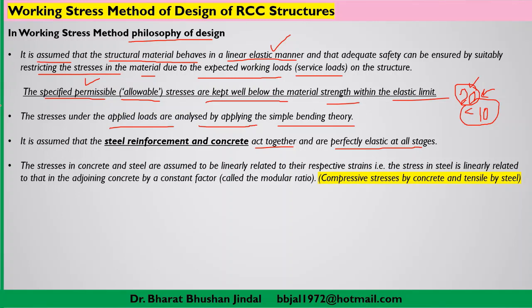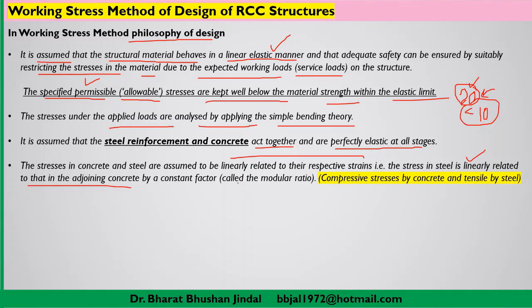Now the next one is that stresses in concrete and steel are assumed to be linearly related to their strain. So it is also assumed that the stress-strain relationship for the material is linear. That means stress in steel is linearly related to that in the adjoining concrete.